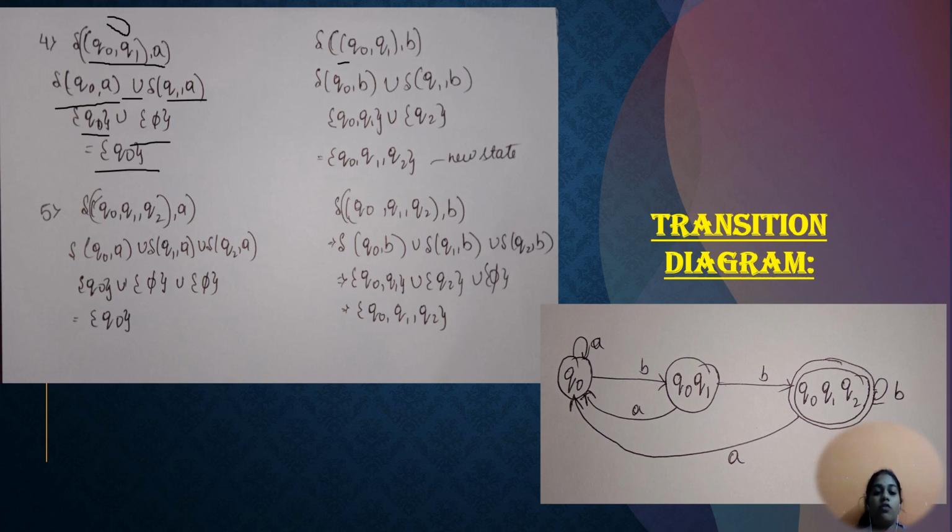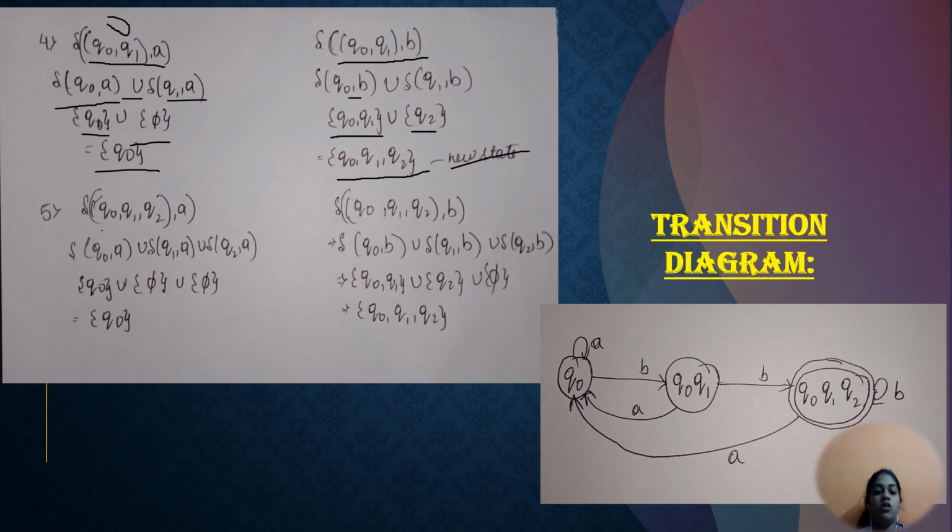The transition of Q0 Q1 on B is the union of Q0 on B, which gives Q0 Q1, and Q1 on B, which goes to Q2. Here Q0 Q1 Q2 is the new state, so we need to take the transition for the new state.